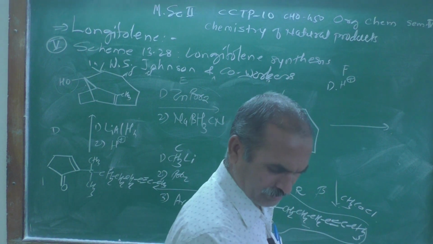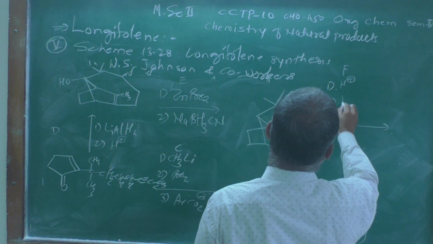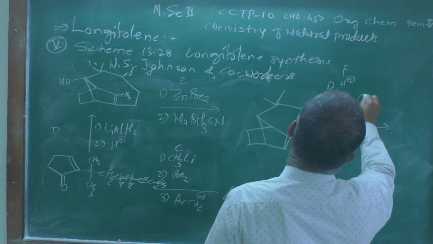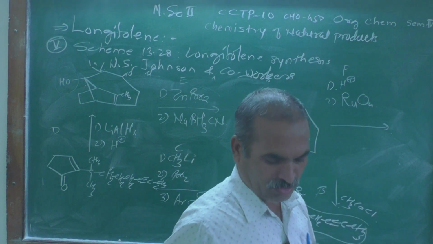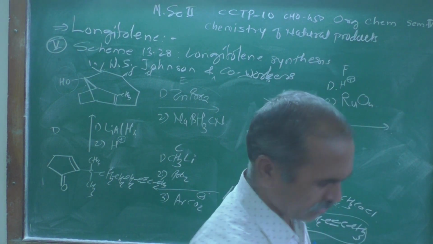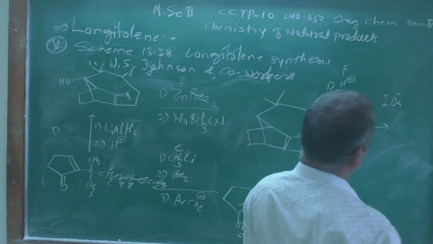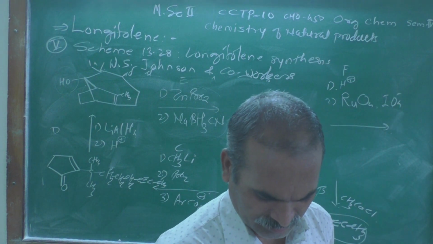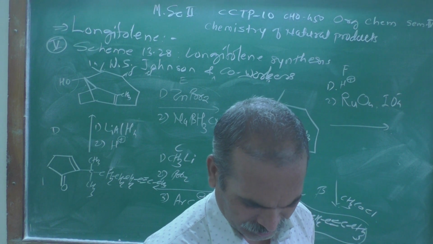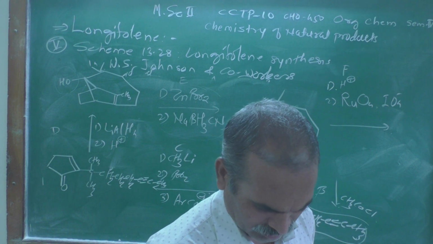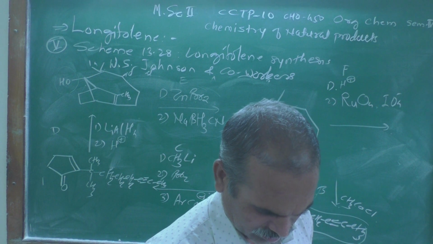Then the second reagent is RuO4, ruthenium oxide, and IO4 minus, which selectively removes the methyl group from there.